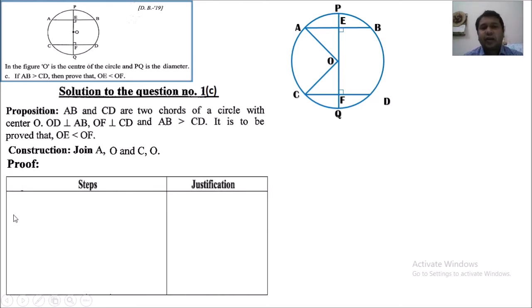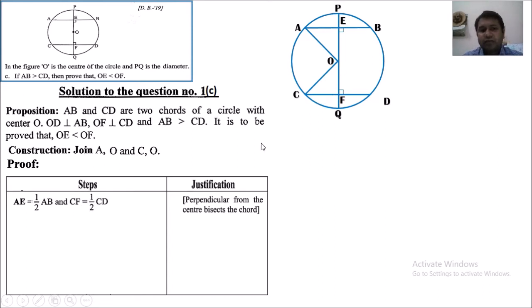Here is the table of steps and justification. At first, AE equals half of AB. Why? Because the perpendicular from the center bisects the chord. This is theorem number 1, you can remember. And CF is also half of CD, by the same law.